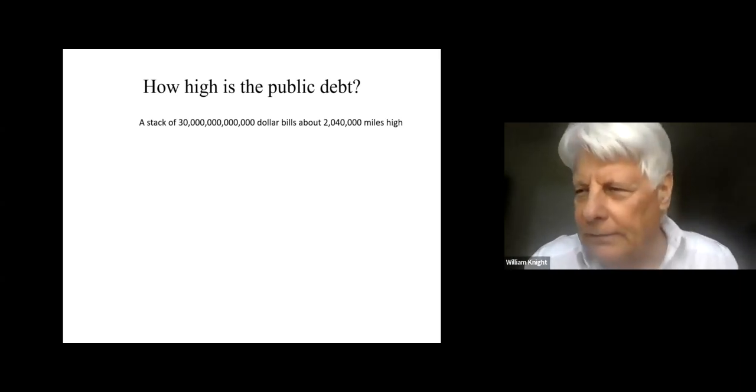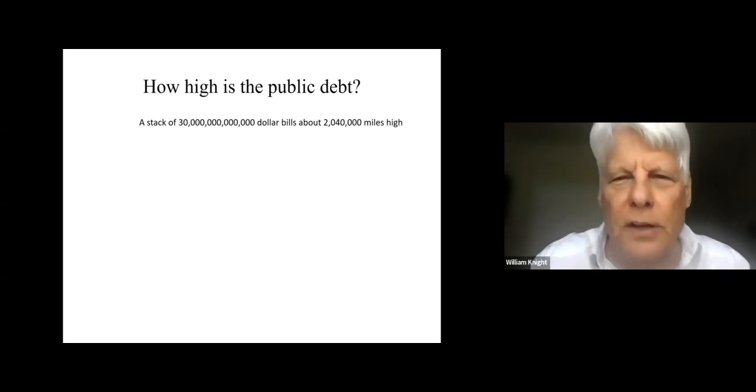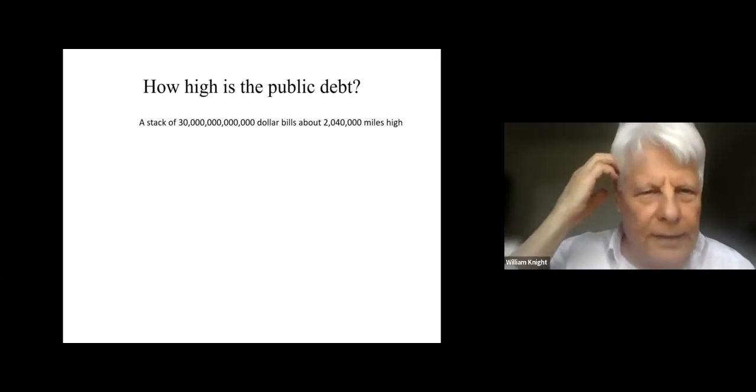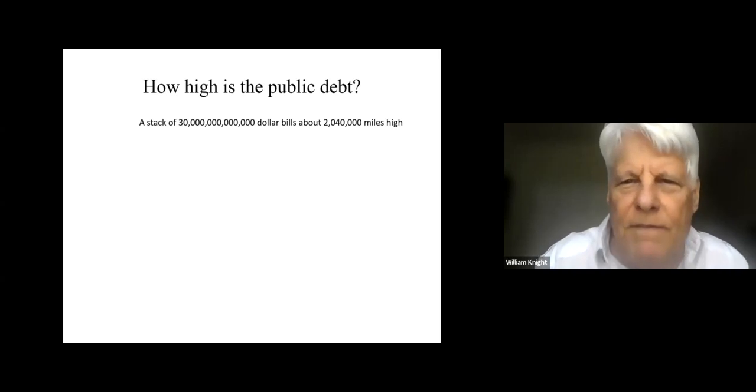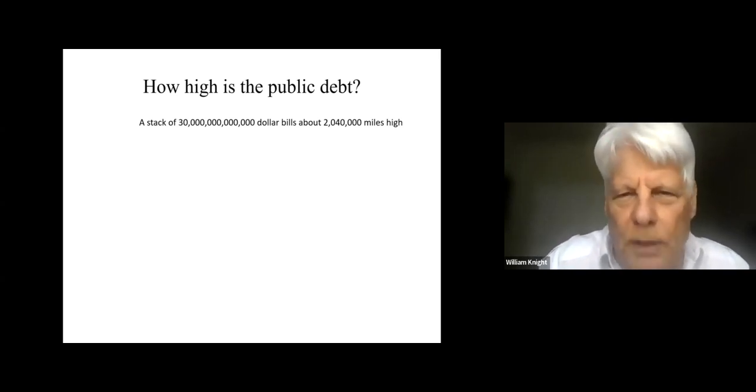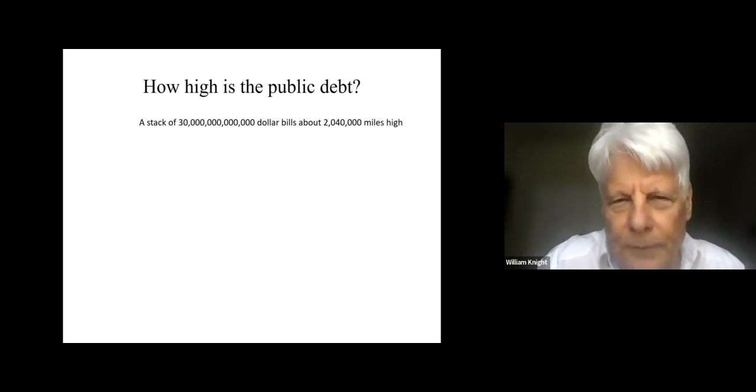Now, if you don't believe that, go back and look at the math and do it yourself if you would like. I can't even envision 2 million miles high. But there you go. Wow.